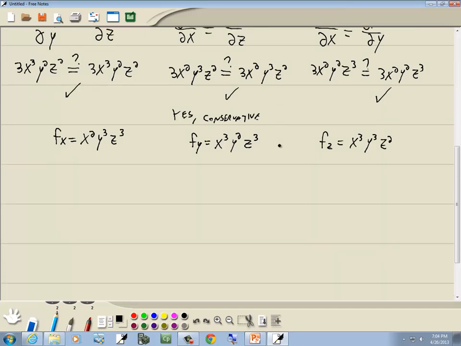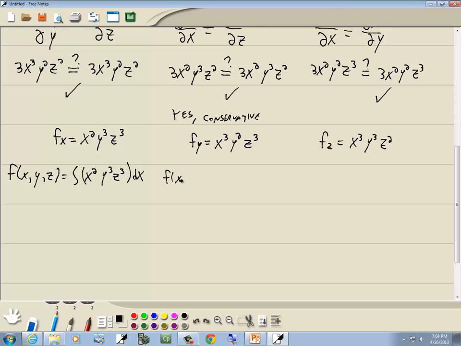To go backwards, on this one we're going to take the integral of x squared y to the third z to the third with respect to x.